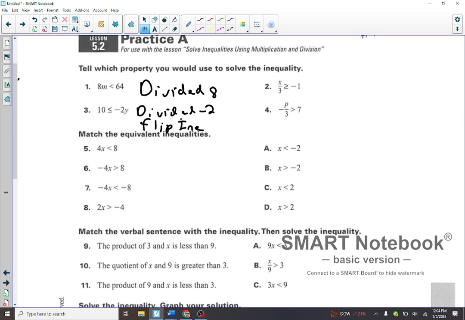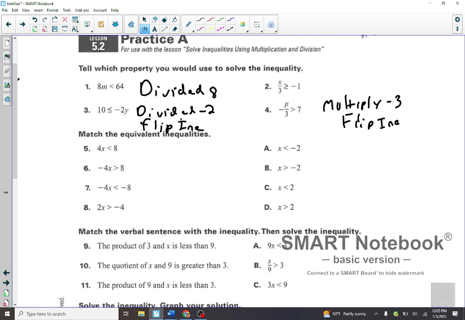Or in number 4, I would multiply by a negative 3, because negative and 3, I want to get rid of them at the same time. That will also cause a flip of the inequality. So when it comes to multiplication or division, if the thing you're moving over is negative, not the result, but the thing you're moving over is negative, then you flip.